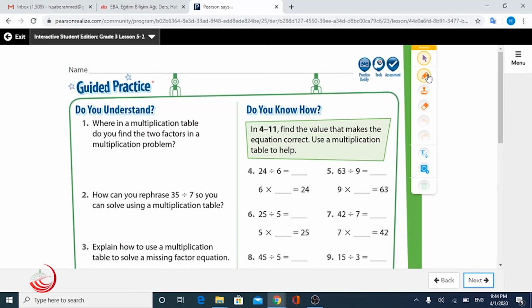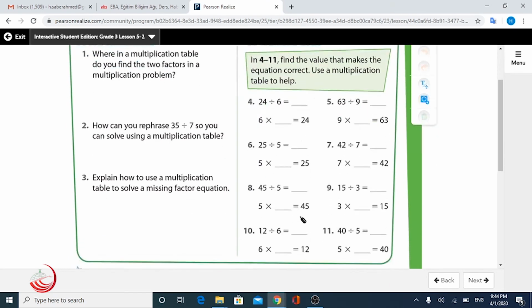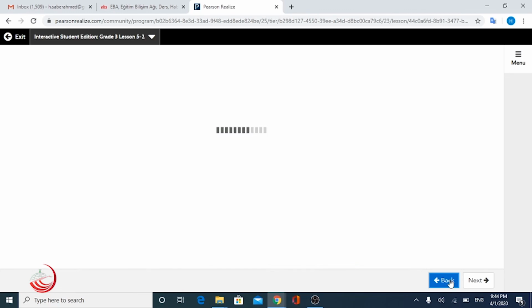So let's use the same method. 5 as the divisor here is the factor there. Dividend here is the product there. Okay, so let's go to our multiplication table to find the solution.